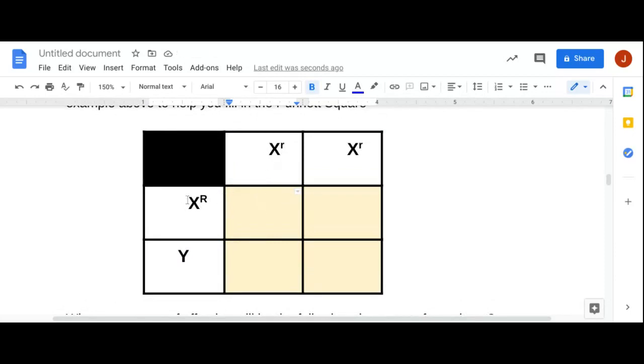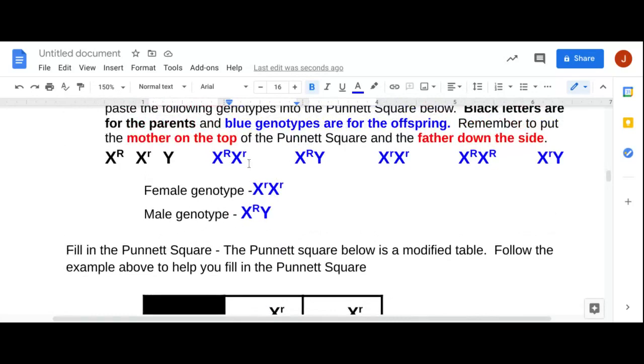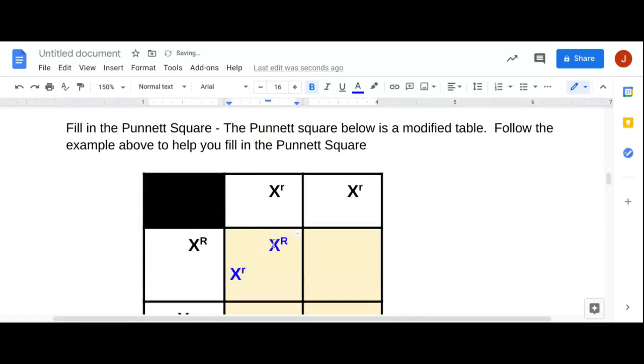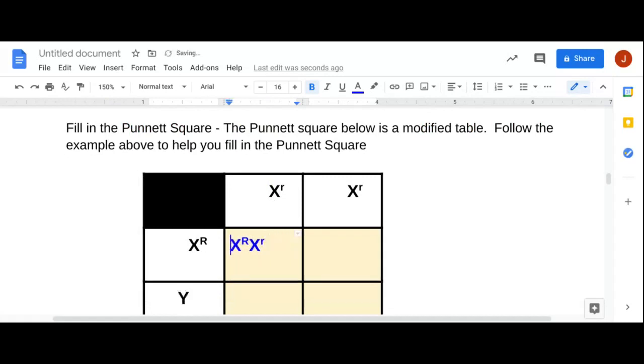XR, X big R, X little r. I'll come up here and find XR little r. I'm going to copy this, copy, and paste. Now, if that happens, it's because it copied the tab as well. So go in the front and just backspace. There you go. And then over here, XR, big R, and then little r.